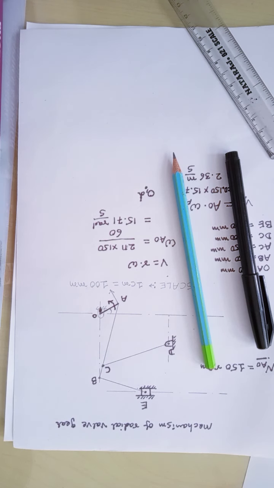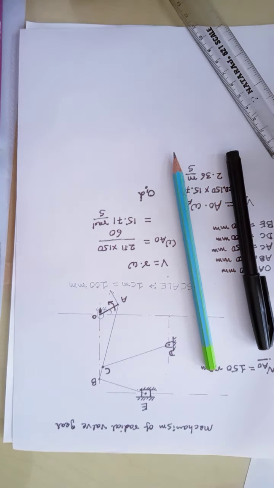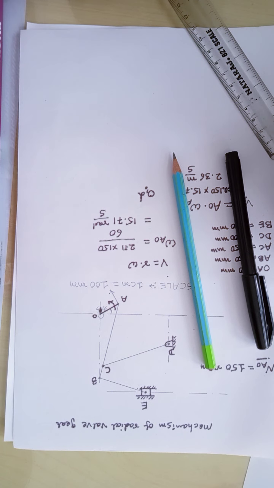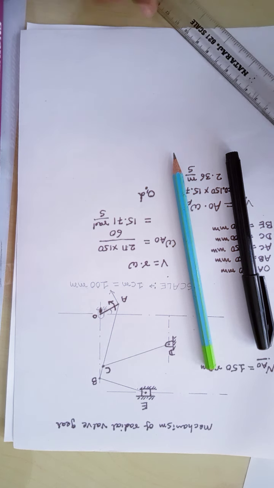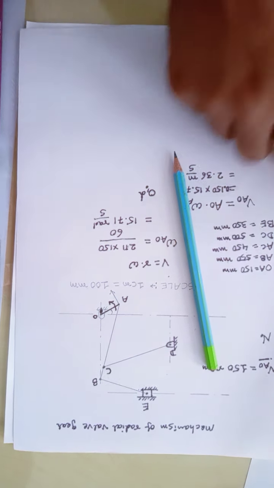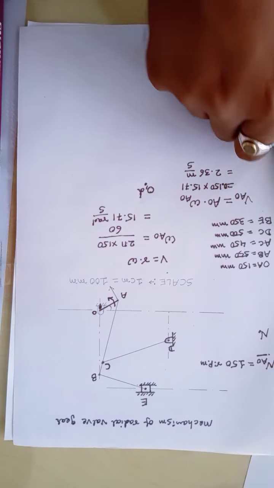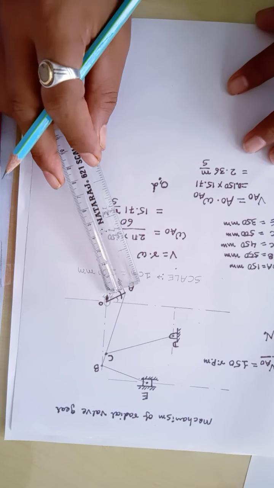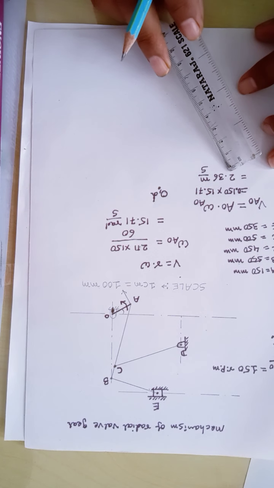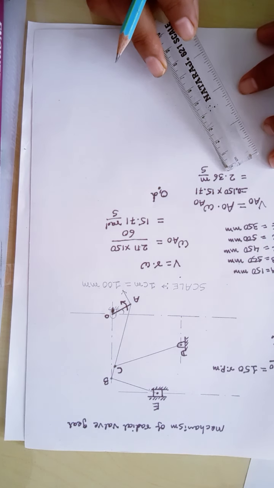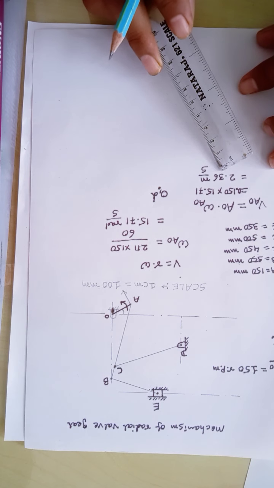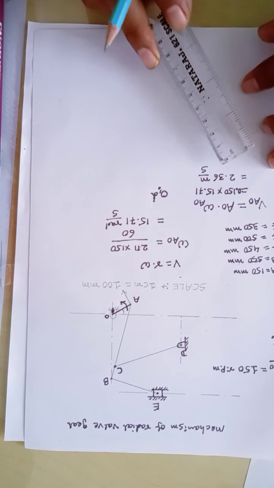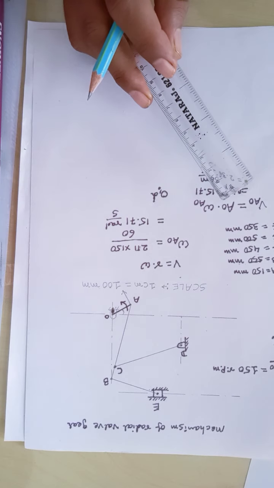Now, as I told you, velocity of A with respect to O will be perpendicular to that particular link. So I am going to draw a line which is perpendicular to AO and its length is 2.36, that means almost 2.4 meter.